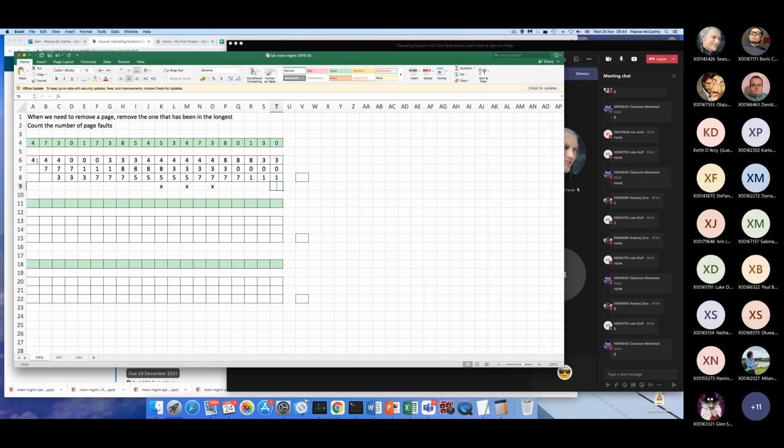Okay, and then this little box here. In a CA, getting that right is worth 3/4 of the marks for the question. And getting what's in this little box here is worth about 25% of the question. So in this case, essentially, how many page faults did you get?